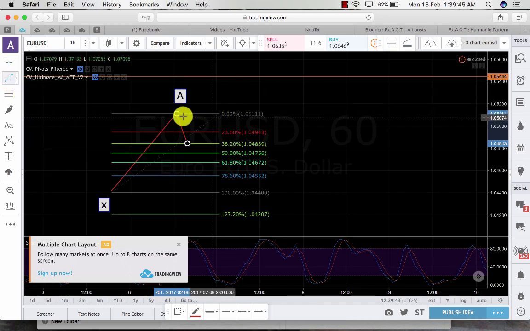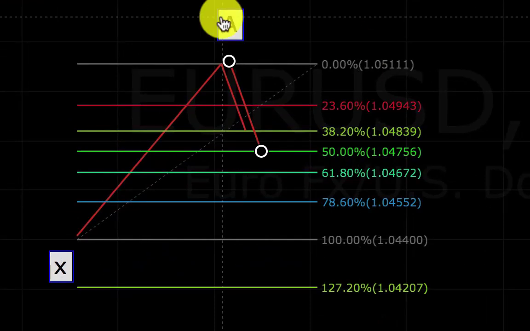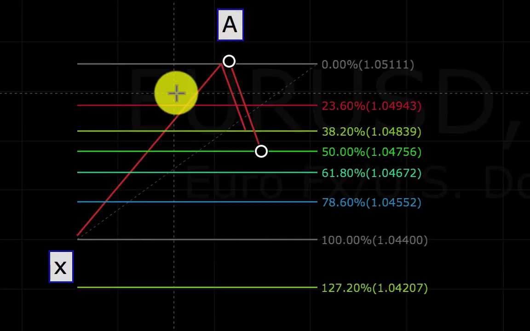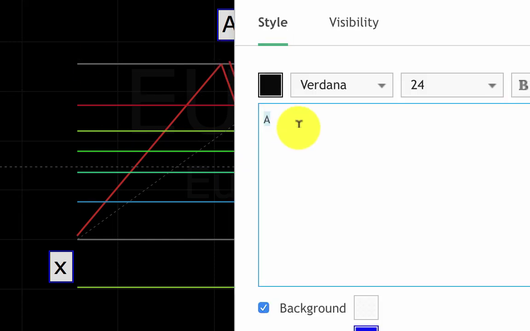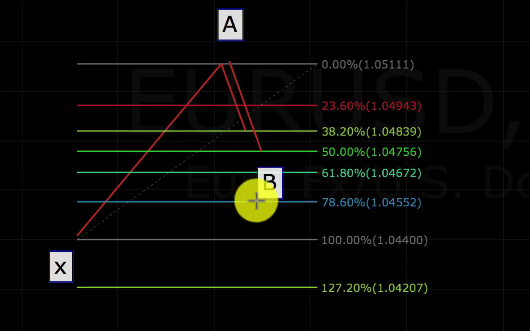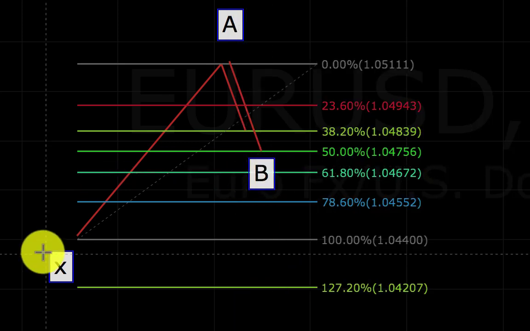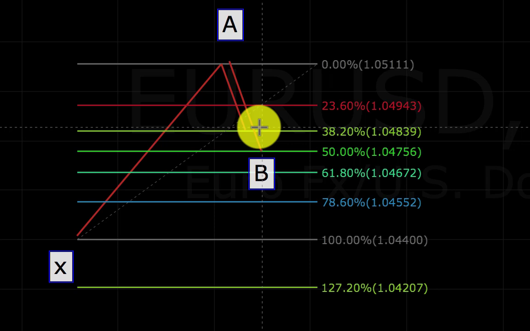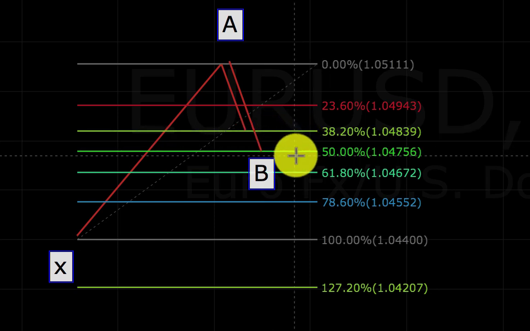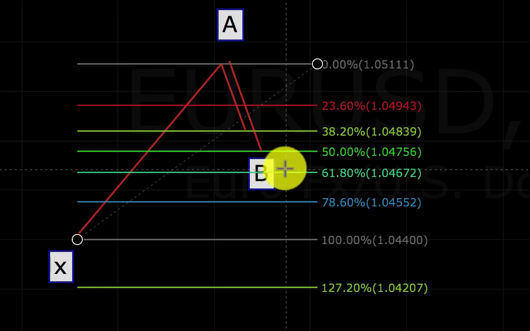So from this point of entry we will know that it is a bat pattern if the AB, let's put this one B, is the retracement of XA, which is 38 to 50% retracement. So if you could see that on the chart, then you would know you will have a potential bat pattern.